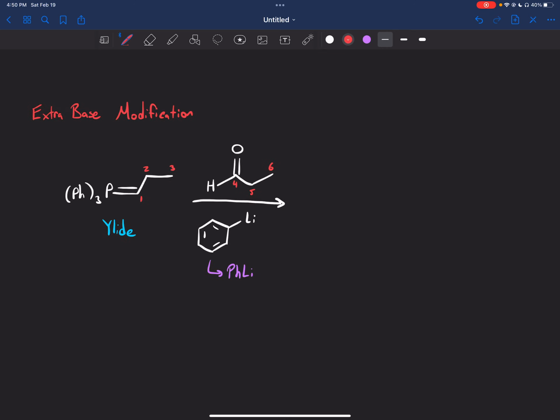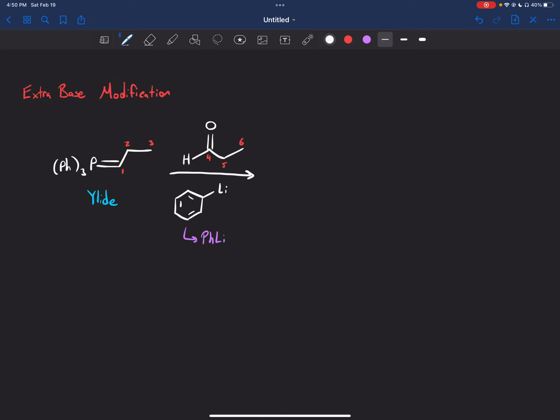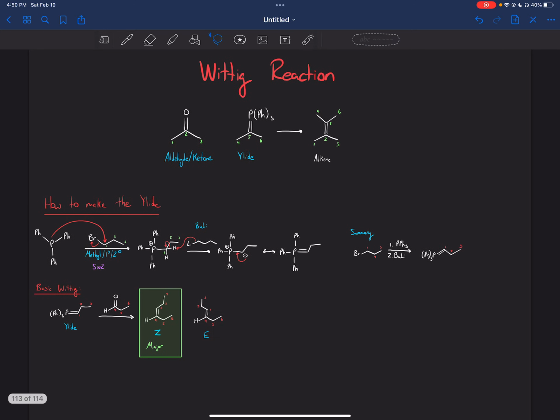So, what does this actually change? Notice that we didn't change anything else. We're simply adding in a new base, but the ylide and the carbonyl haven't changed. This is how we actually get the E isomer. Having that extra base creates the E isomer.